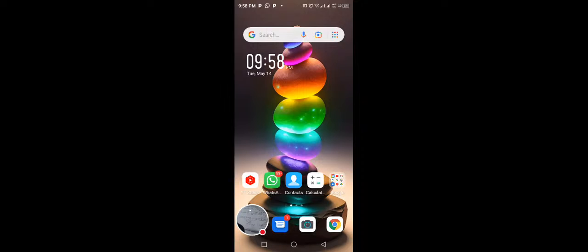10.08 minus 5.52, that's 4.56, divided by 10.08, then times 100.